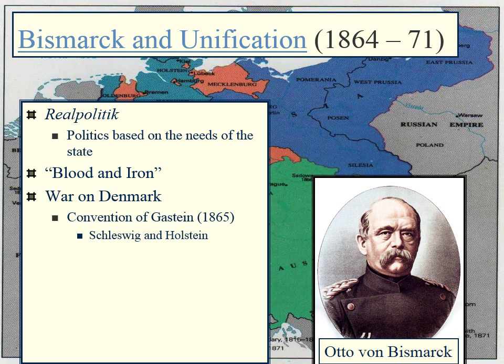So Bismarck uses this war in a twofold process. One, he's looking to gain those lost provinces back from Denmark. And two, he's also using it as a way of almost scouting the Austria-Hungarian forces, because he knows that the next step is he has to go to war with Austria-Hungary. So he uses their resources.